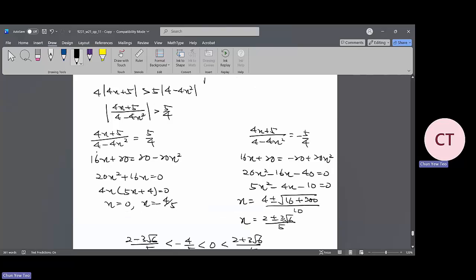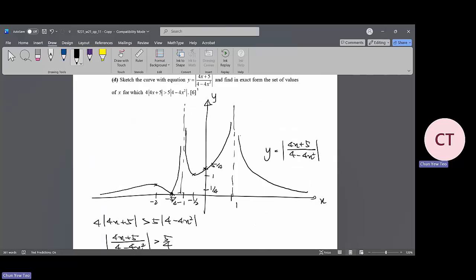Okay, so if you draw the lines over here, this intersection point will represent x equal to 2 minus root 6 over 5. This will represent negative 4 over 5. This will represent 0. And this will represent 2 plus root 6 over 5.